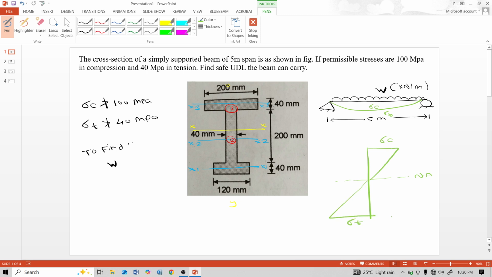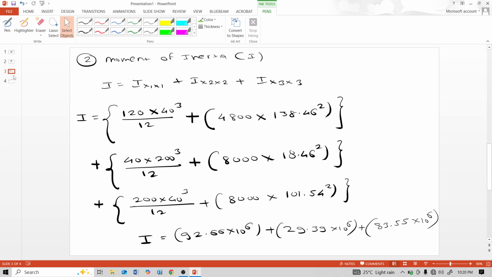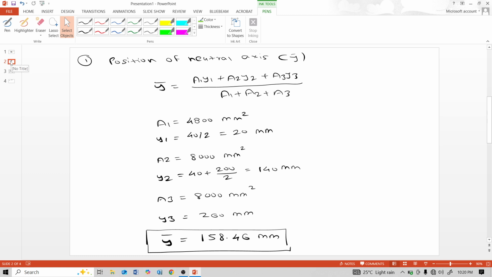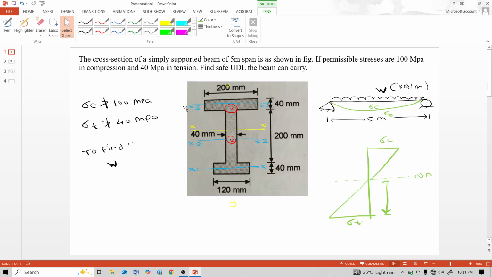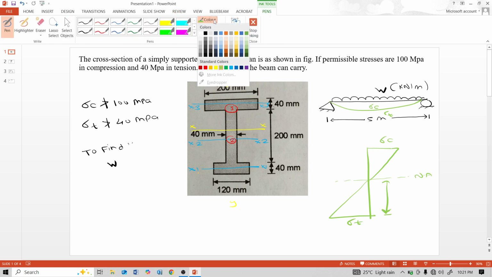The distance between the neutral axis and the extreme tensile fiber is the y bar distance we calculated in step 1, 158.46 mm.